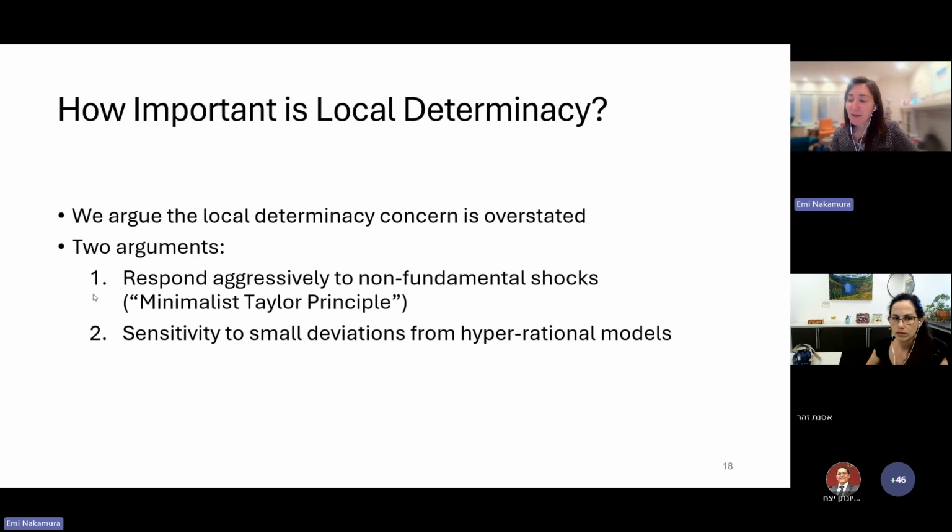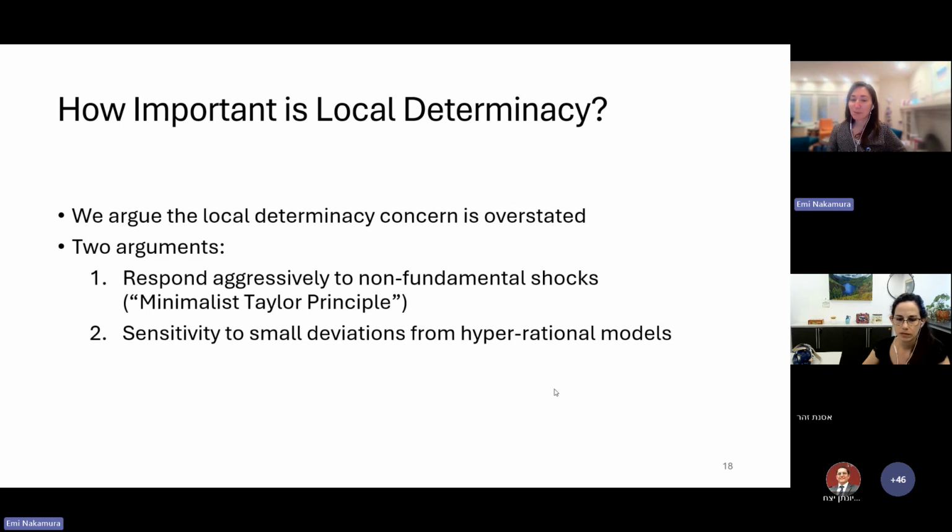Second of all, we emphasize that the local indeterminacy concern is very sensitive to what we would call small deviations from hyper-rational models, in which people are very forward-looking. These are, of course, the standard models that people are using in the monetary economics literature.